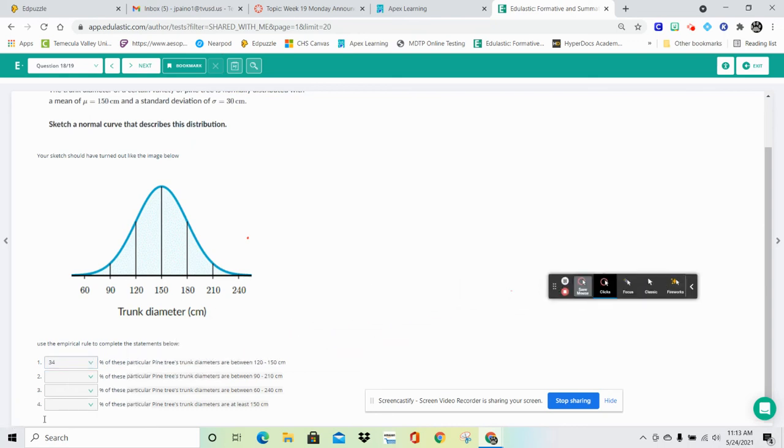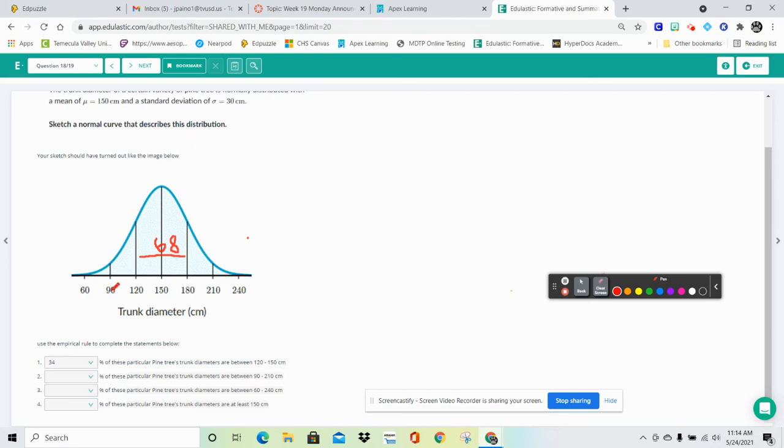Okay, what percent of these particular trees are between 90 and 210? Okay, so 90 and 180, right? This is 68% for here. All right, and then we got to add this section on. So what is that section going to be?